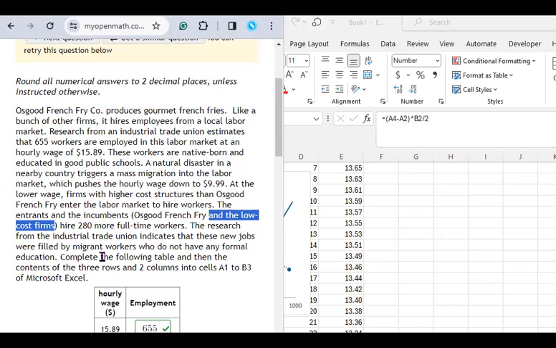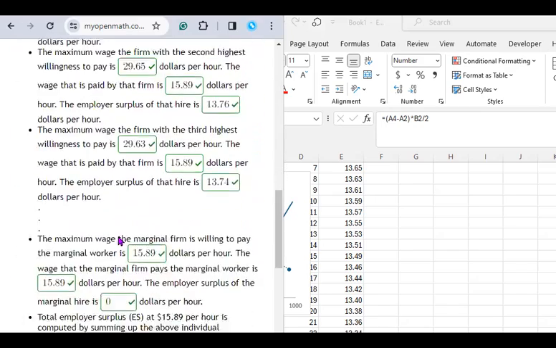So that's why Osgood French Fry Company is the marginal firm here, because it's producing a gourmet French fry, which is more expensive to produce. Of the low cost incumbents, it's probably going to have the highest cost. So Osgood French Fry Company is the marginal firm.